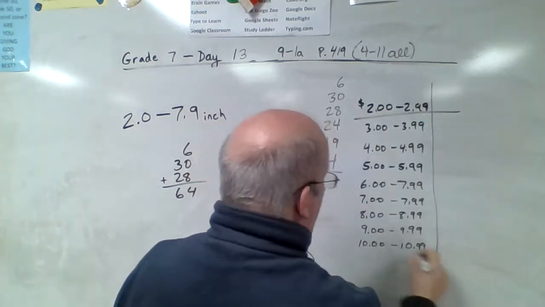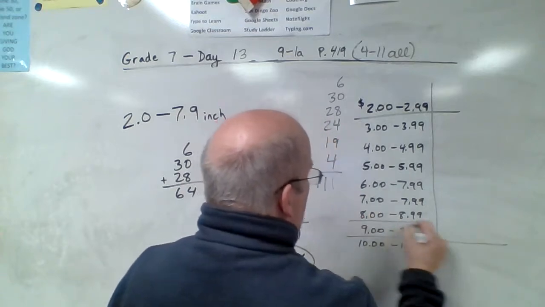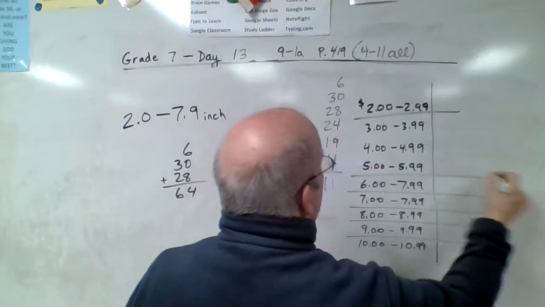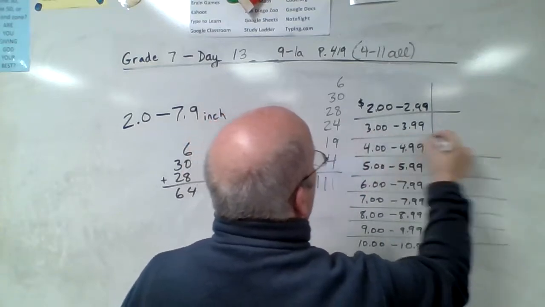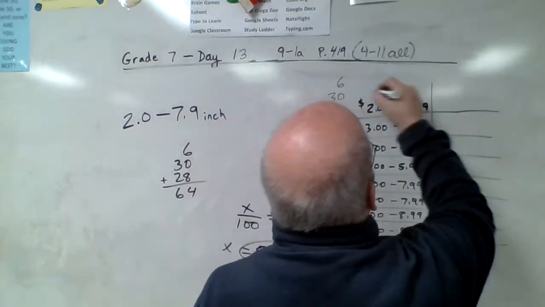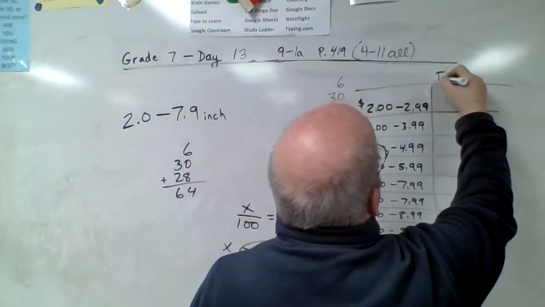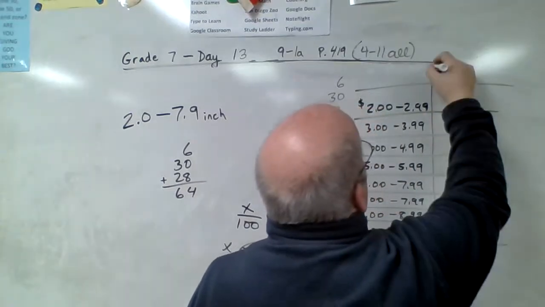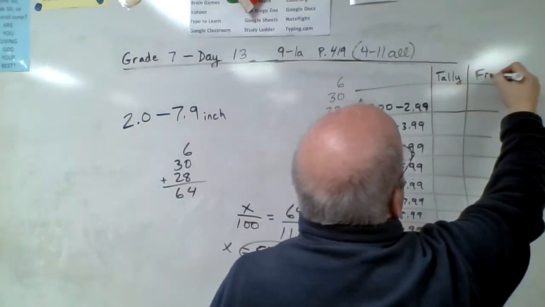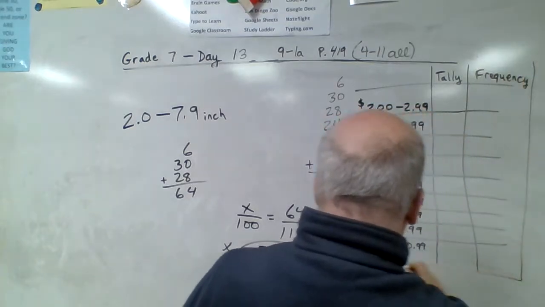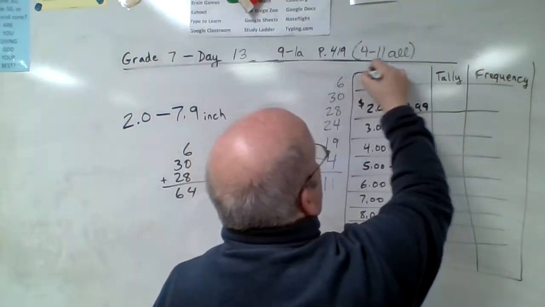And we're going to create, as neatly as we can, some columns and some rows. And we should probably have tally up here, and then frequency, right? Because that's typically the way this kind of table works.